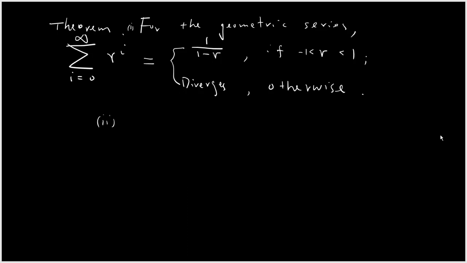If you want to represent, now let's say a function of r, you just imagine 1 over 1 minus r is a function of r. The independent variable is r. Okay. You can represent that function 1 over 1 minus r as a power series.